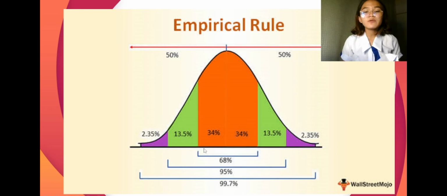And lastly, our 99.7, why is this only 2.35, ma'am? Of course, we divide our 99.7 by 2, and the result is 49.85.